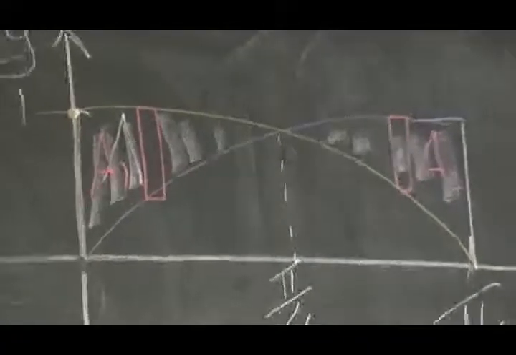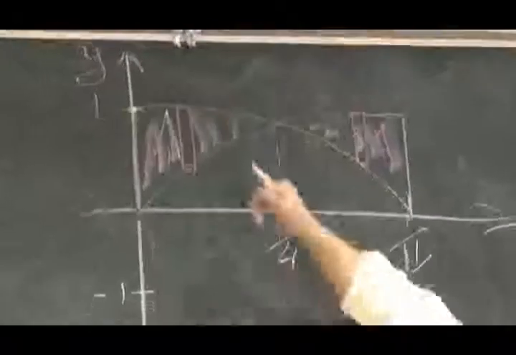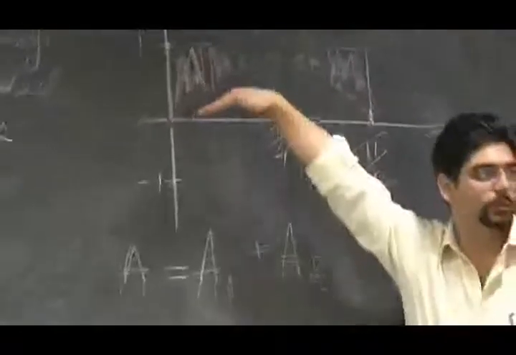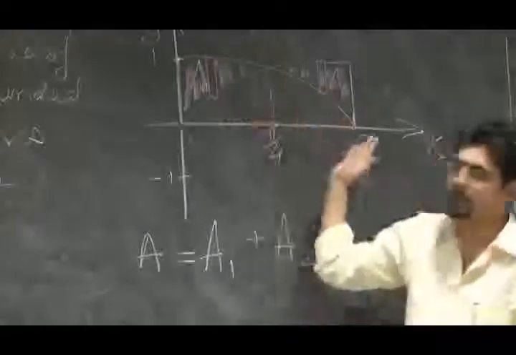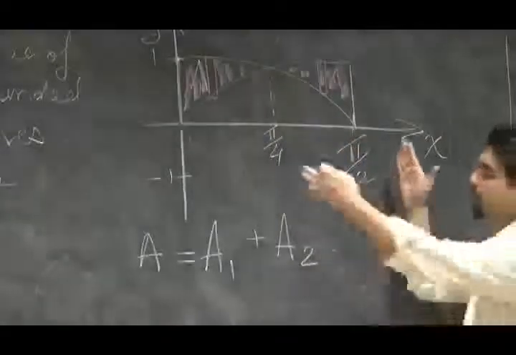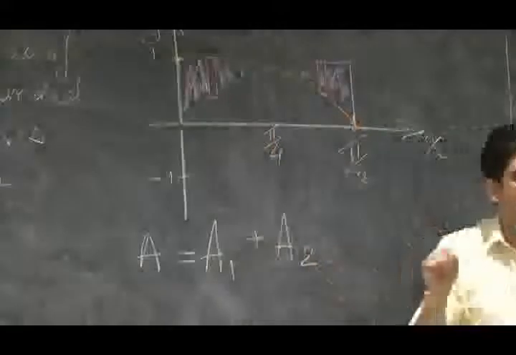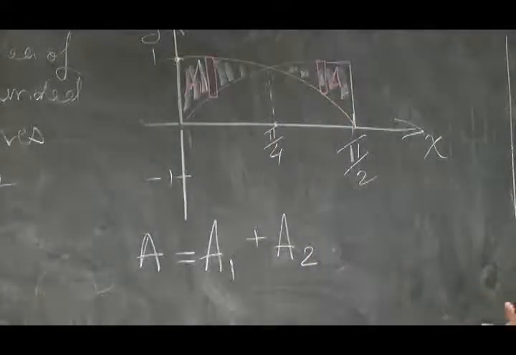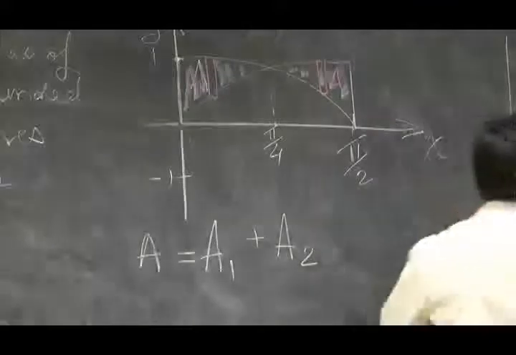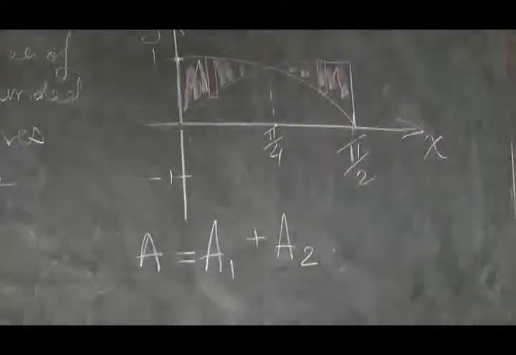A1 is a simple region, in the sense that one curve is always on top, and the other curve is always on the bottom. A2 is a simple region. But taken together, they're not simple regions, because they switch places. Each integral you write down, based on what we said earlier, has to be a simple region.